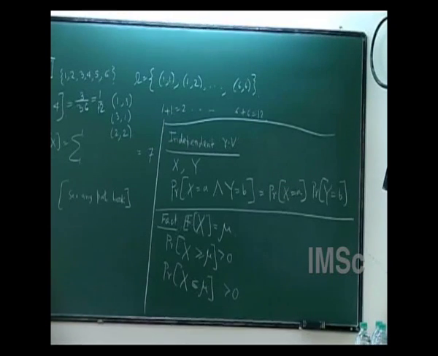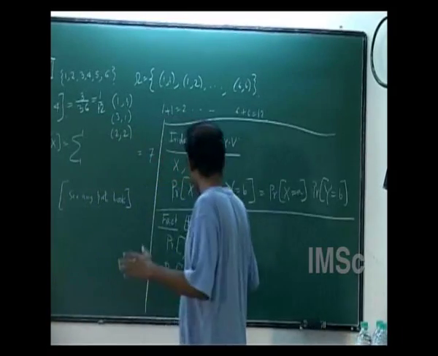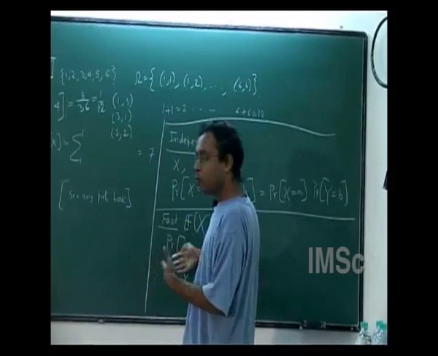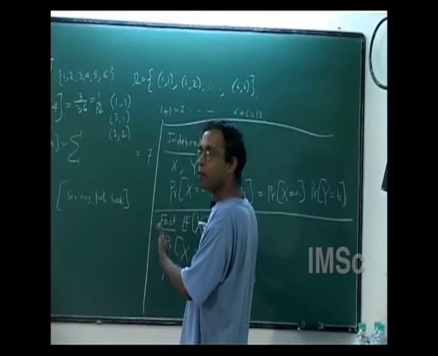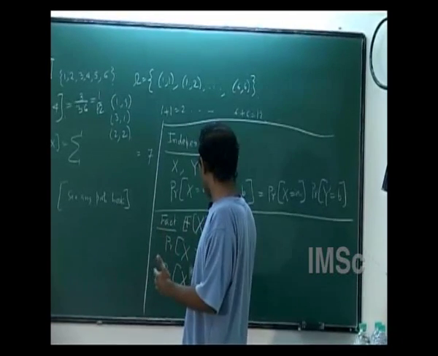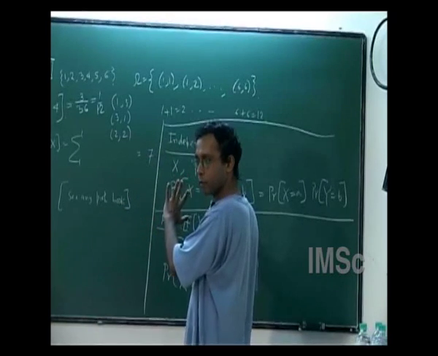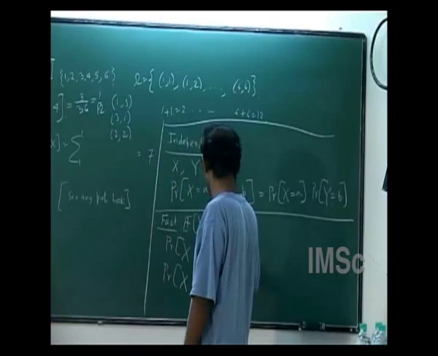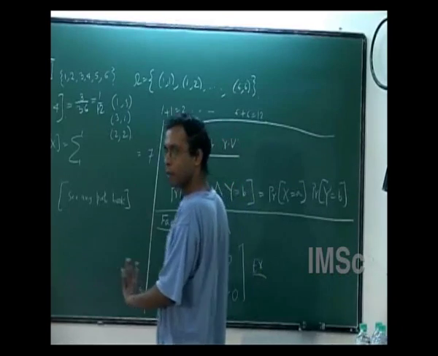It just tells you that it cannot be the case that all the possibilities lie below mu, because then the expectation cannot touch mu, and it cannot be the case that all the possibilities are above mu, because then the expectation will be more than mu. I leave it as an exercise for you to verify formally. Very simple, but very useful.